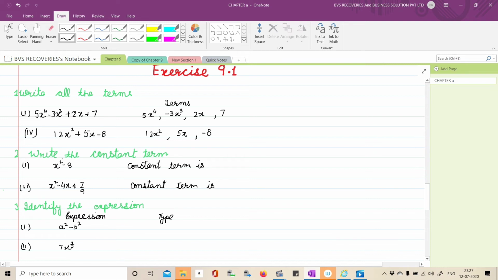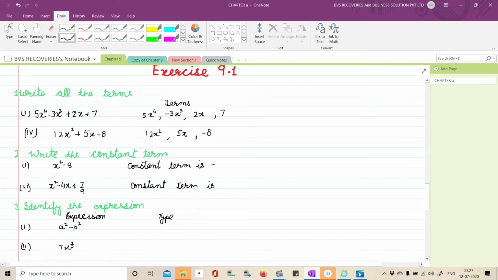Second question is: write the constant term. Constant term means where we have only a number without a variable. Okay. So here x^2 minus 8. You can see here x^2, x is a variable, but there is minus 8 which is not having any variable with it.